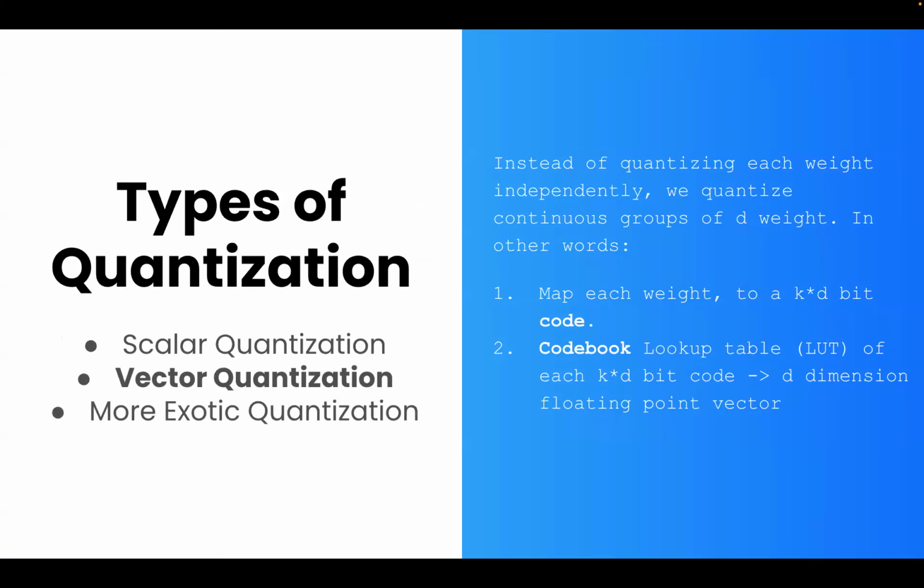And then our lookup table maps each K times D code to a D-dimensional floating point vector. An important thing to notice here is that this allows us to do non-integer levels of quantization. So for instance, we can do 2.25 bits by simply, for every 4 values, representing them using 9 bits.